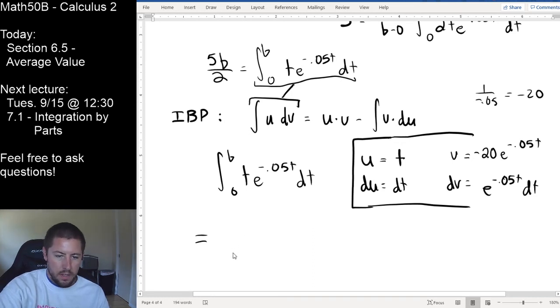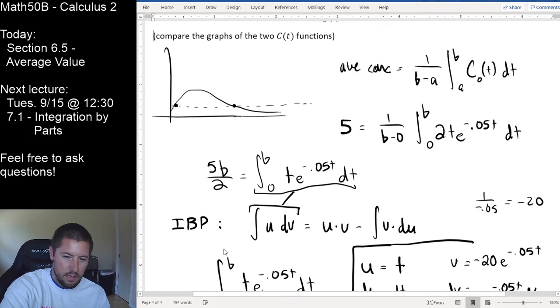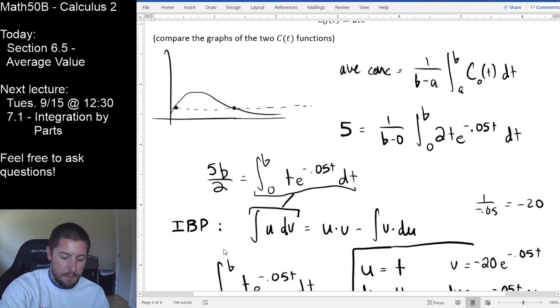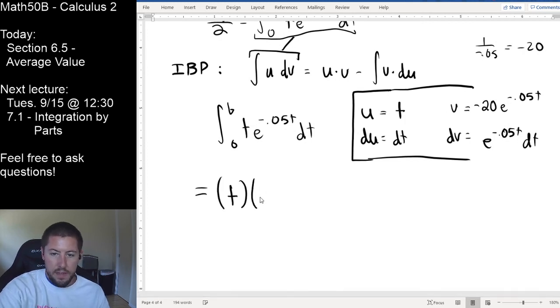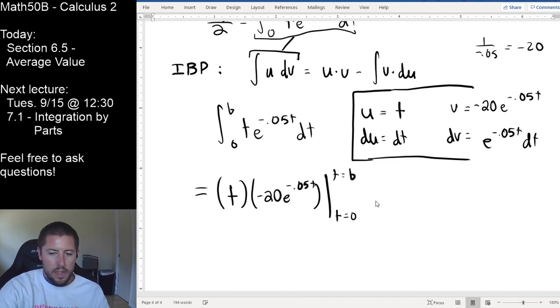So that's going to be t, that's u, times v, which is negative 20 e to the negative 0.05 t. That's all being evaluated because this was a definite integral from t equals 0 to t equals b. We're then going to subtract off the integral of v du.